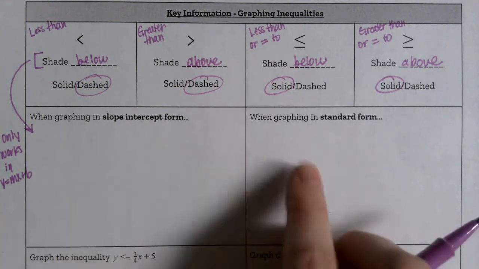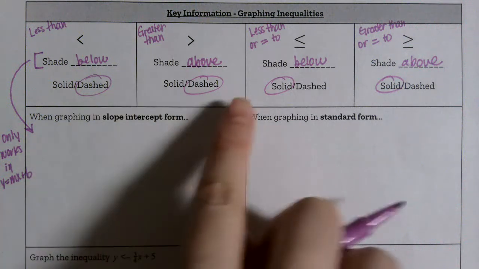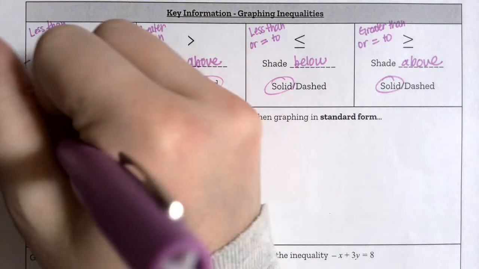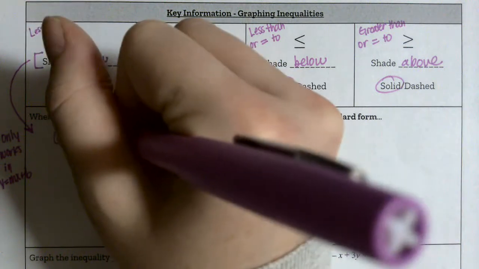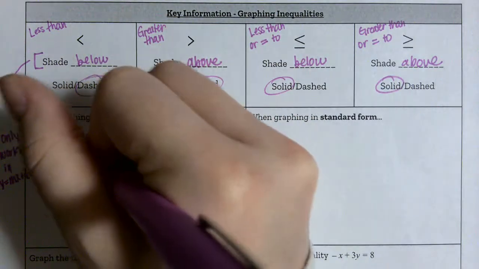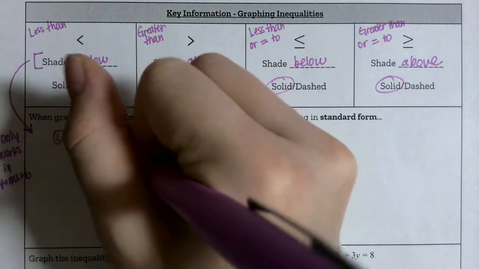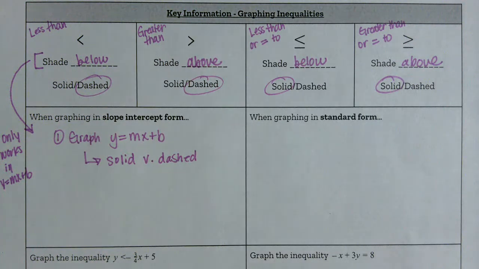So now let's briefly go over how to graph inequalities in each of these forms. It's very similar to graphing equations. The process is pretty similar, but you're going to have to shade and then do your solid versus your dashed line. So to graph in slope-intercept form, you graph y equals mx plus b like normal, and then just decide if it's going to be a solid or a dashed line before you actually connect your dots.